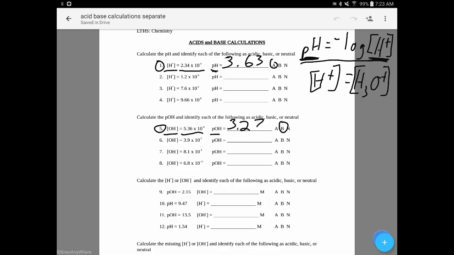All right. Next, this time we have the pOH and the pH. So that is a different formula.